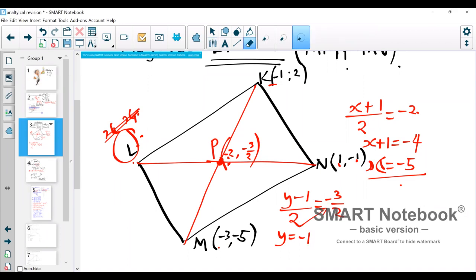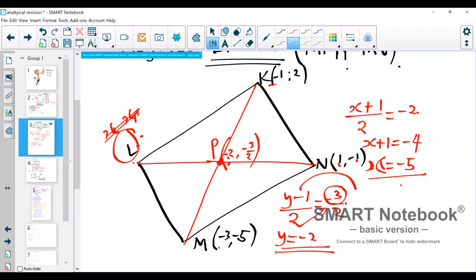Y would be equal to, I'm sure you can do the math as well. If these two multiply, they'll be left with negative 3. And if this one goes there, it becomes a plus. All right, so 1 minus 3 will be what? Minus 2. So what is the correct coordinate of L? Negative 5 and negative 2.